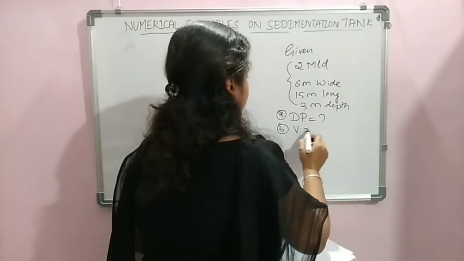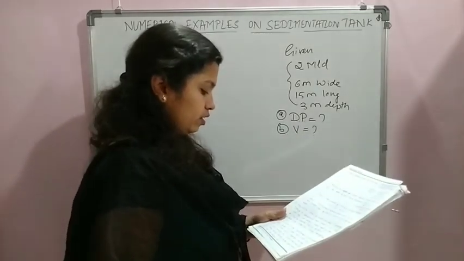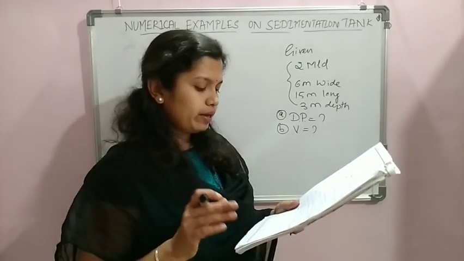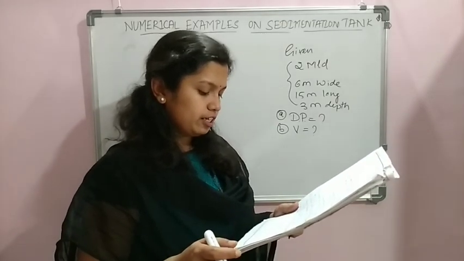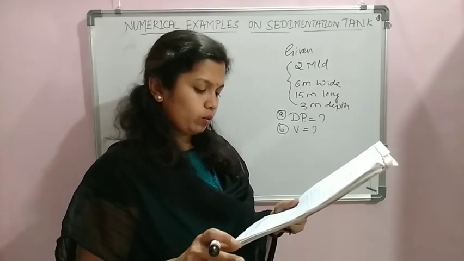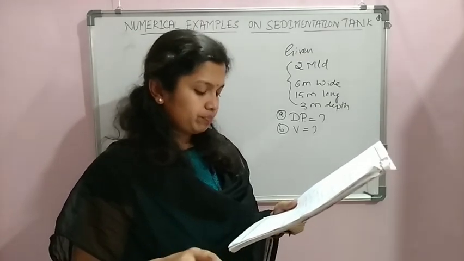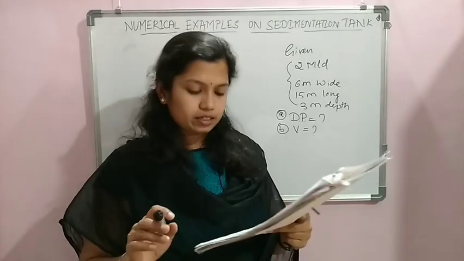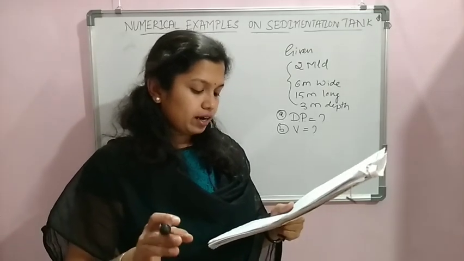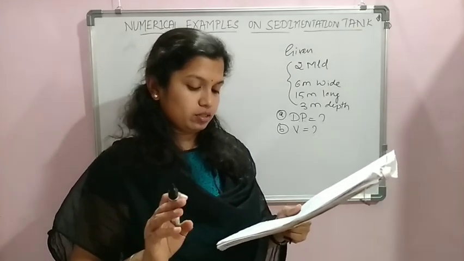They are asking us to find out the flow velocity V. Next, if 60 ppm is the concentration of suspended solids present in turbid raw water, how much dry solids will be deposited per day in the tank, assuming 70% removal in the basin and average specific gravity of the deposit as 2.